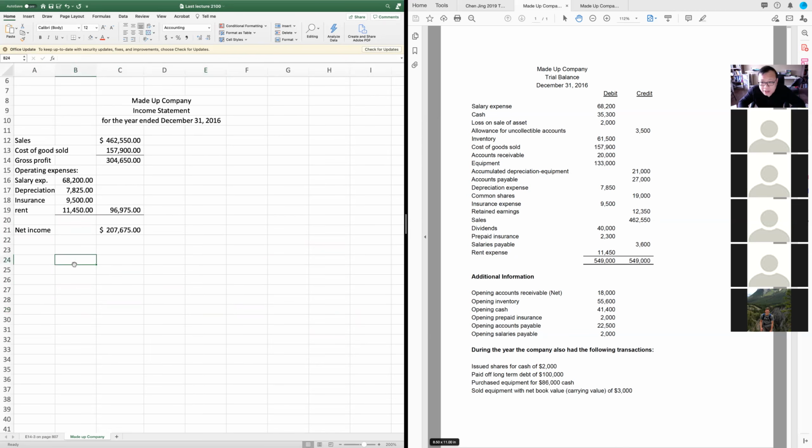So let's take a look at the other statement. That would be the second one, right? What's the name of the second one? Statement of equity, yeah, good.